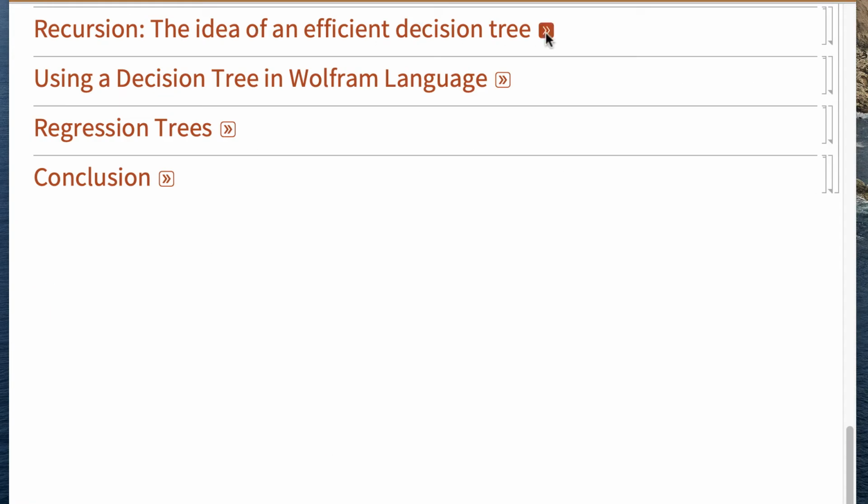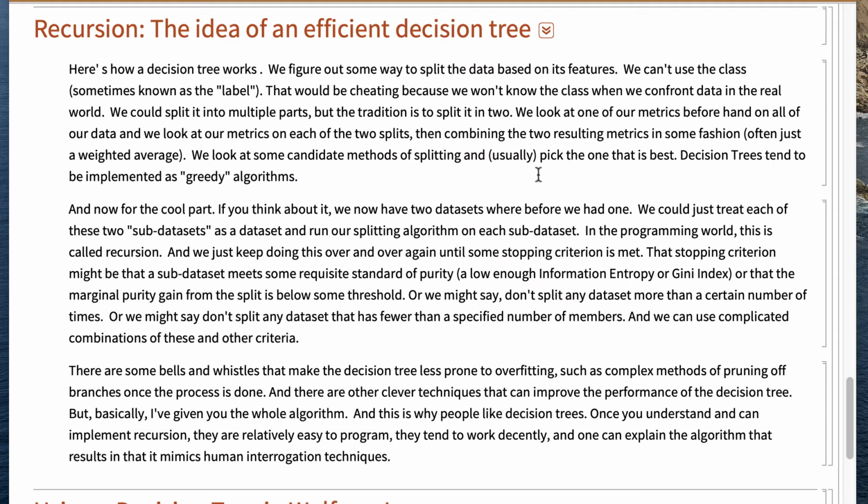Time to talk recursion. All right, I'm going to tell you verbally how a decision tree works. You have some data, and you want to split the data based on its features. You can't use the class, the dependent variable, which is also known sometimes as the label, if you ever hear that term, because that's cheating.